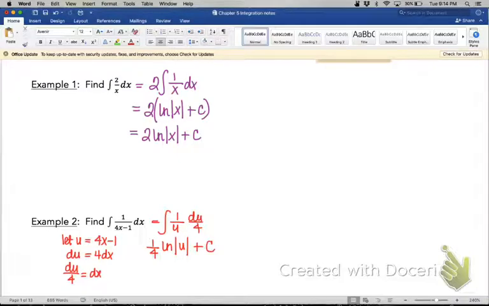Again, we don't need to worry about distributing that 1/4. But u, in this case, was 4x minus 1, plus c. And so this is, I believe, what we should end up with there.